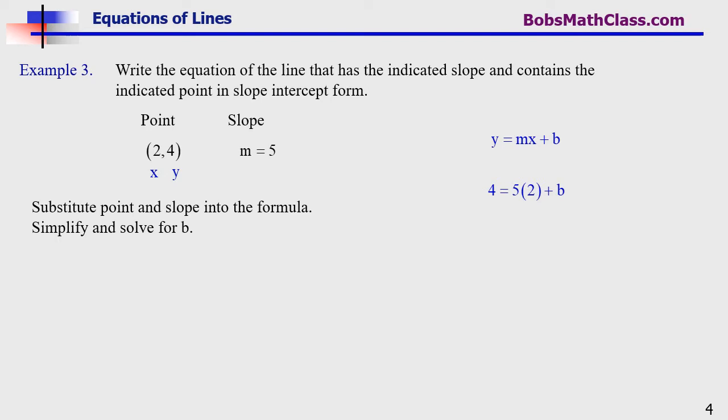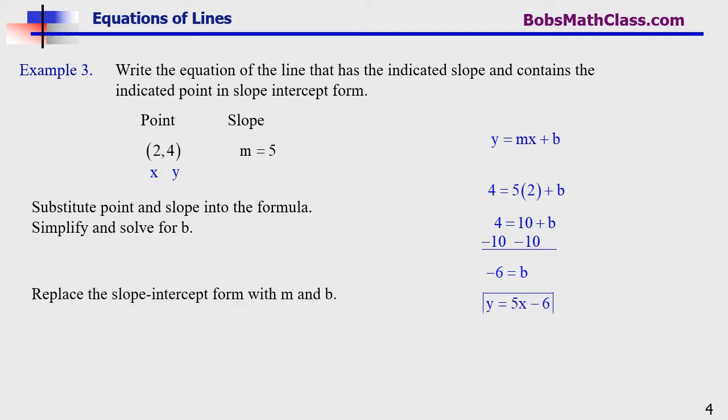Multiply the 5 times 2, and then solve the equation. Subtract 10 on both sides, so b equals -6. Now we have our m and b. We could put that into the slope-intercept form. So our answer is y equals 5x minus 6.